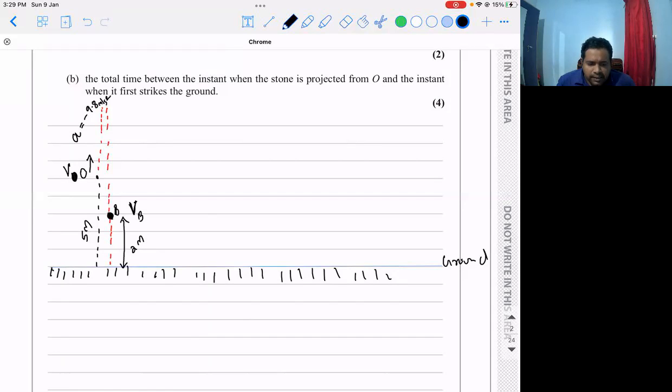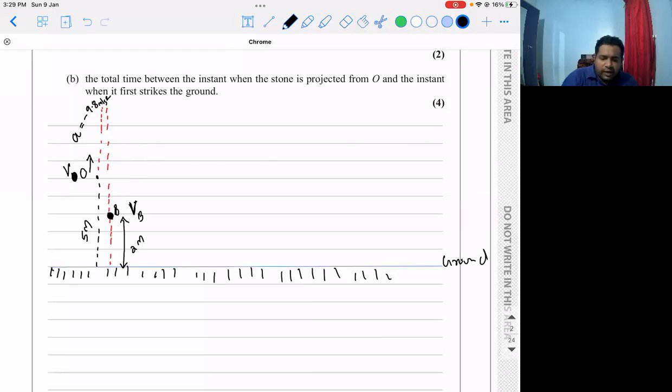Well, how to find the speed at the point B? Can you please tell me what is the displacement of this particle? Displacement of the particle means the net displacement of the particle.